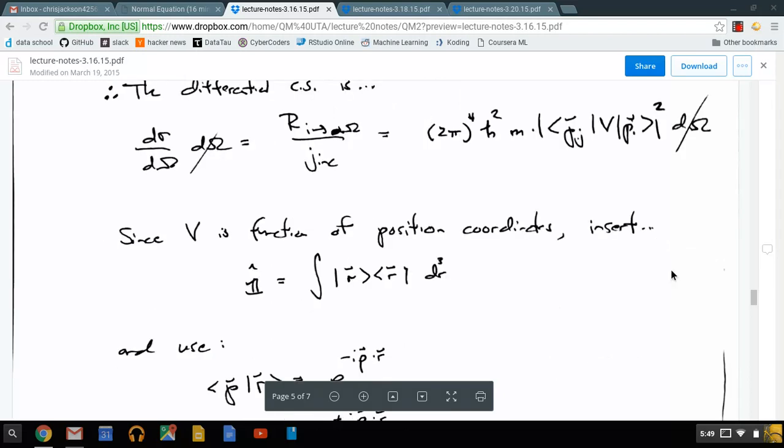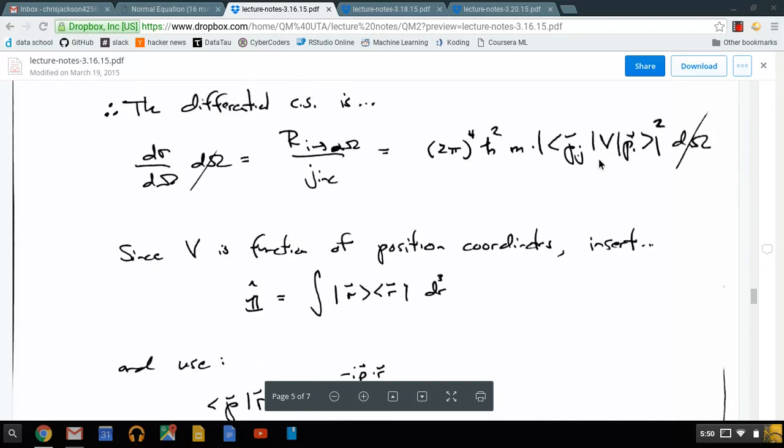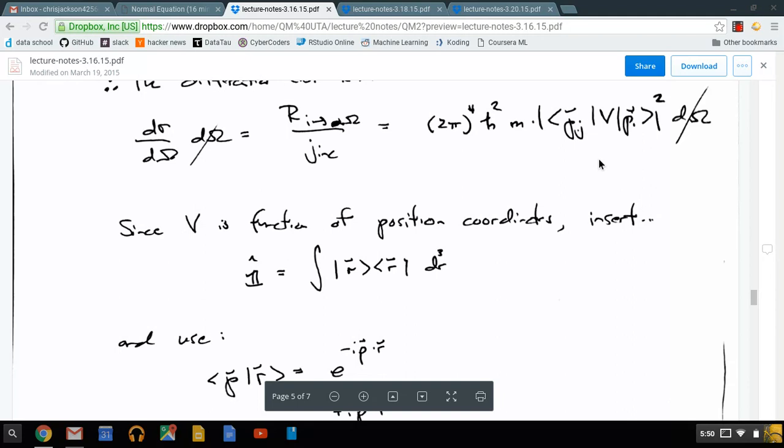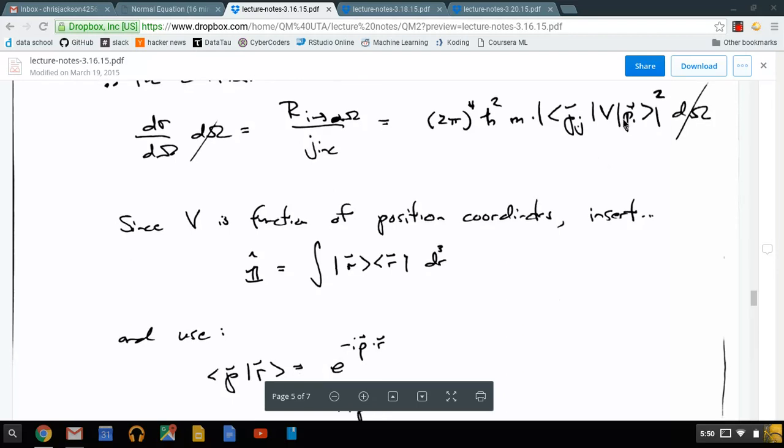And now what I want to do is I want to be able to evaluate this matrix element, right? And in order to do that, I need to insert some position space eigenstates, because V is a function of position space. So that'd be the easiest way to evaluate it. So I'm going to insert basically two factors of 1 on either side of the V using our completeness relation, right?